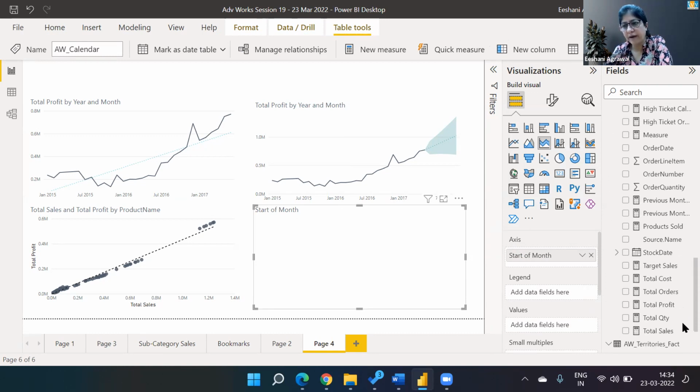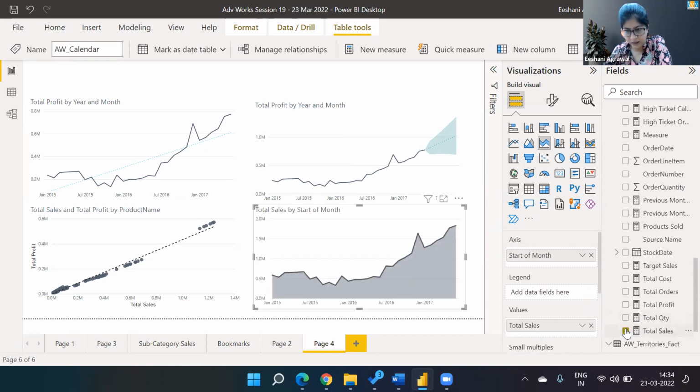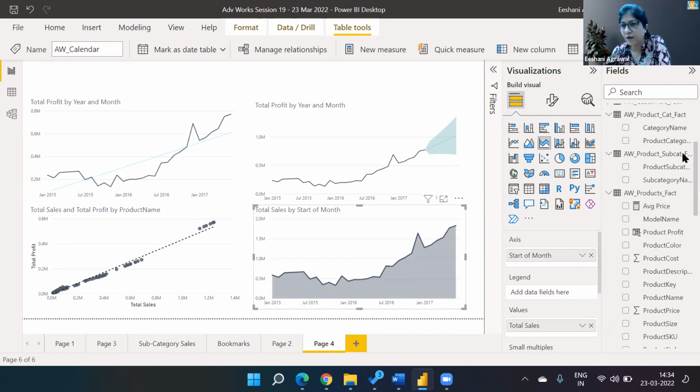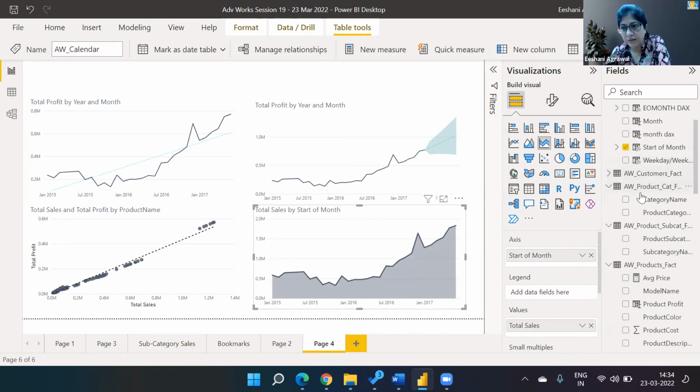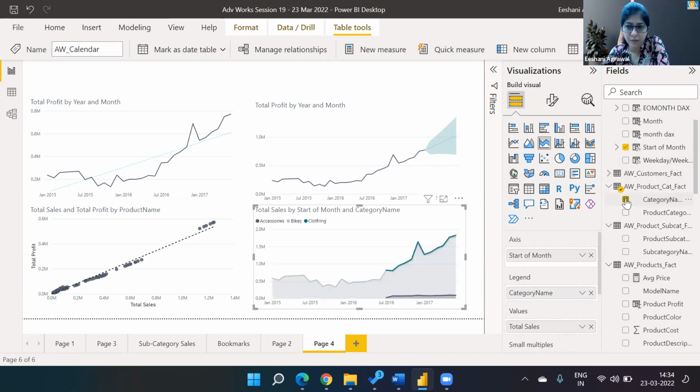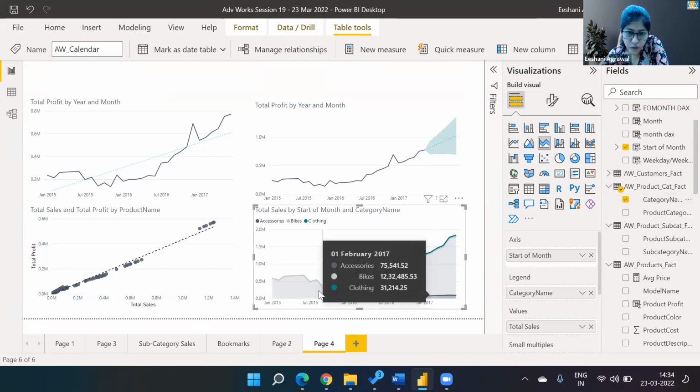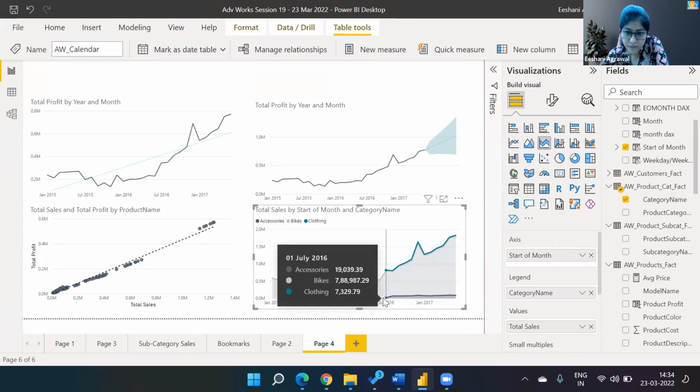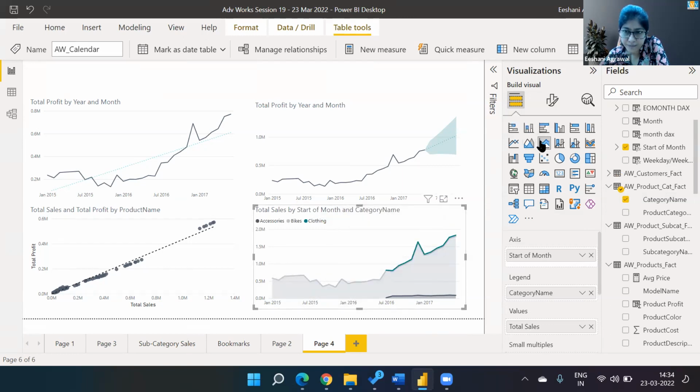Let's say we want to evaluate the sales. Now sales of what? This is overall sales. If you have three or four products, we can check on product. So if I wanted to do it based on the product, then I put category name over here. So in category, now what it is showing you is the stacked area chart that you have.